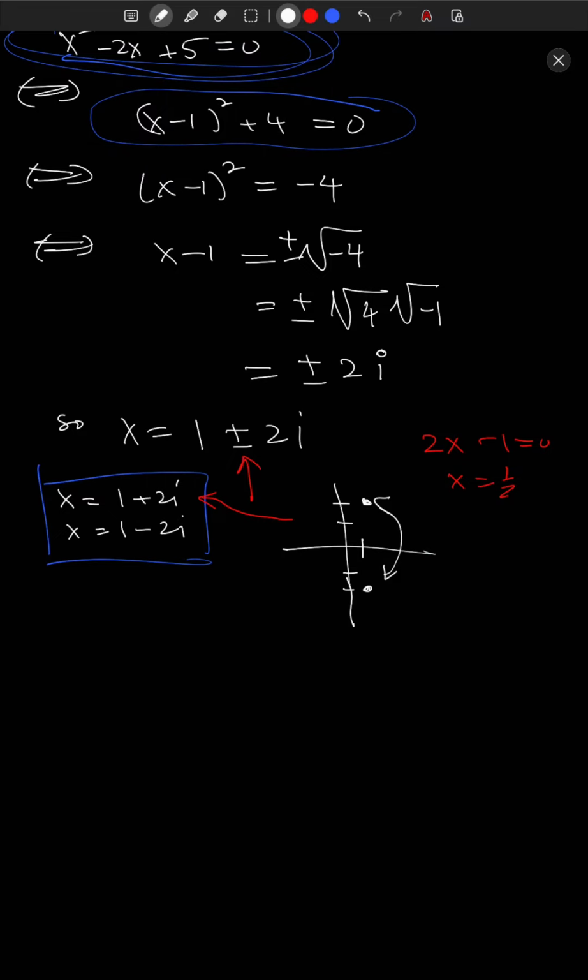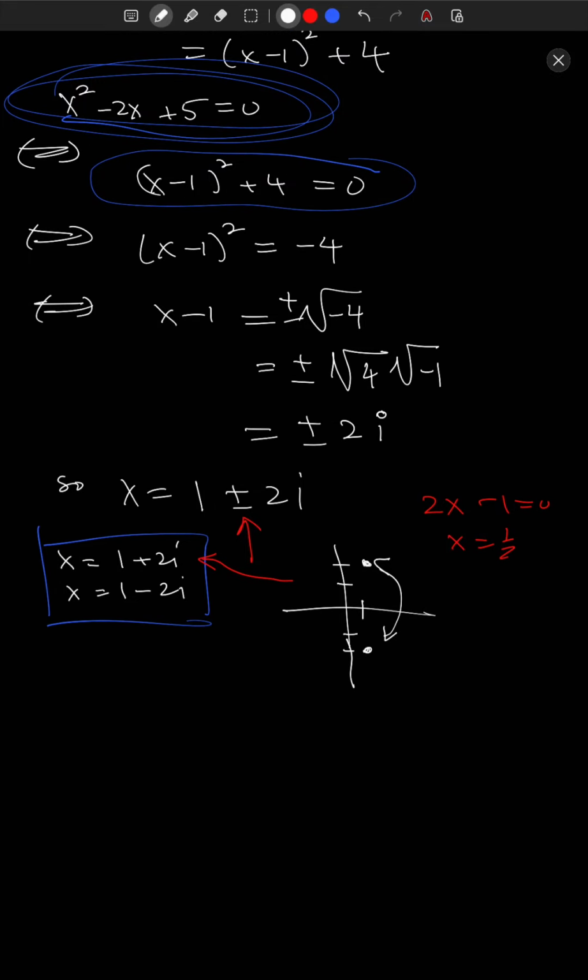And in mathematical words, one is a conjugate of the other. So solutions to these quadratic equations, if you have complex solutions, always come in pairs, and the pairs are always conjugates of each other.